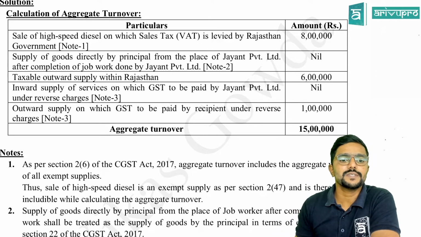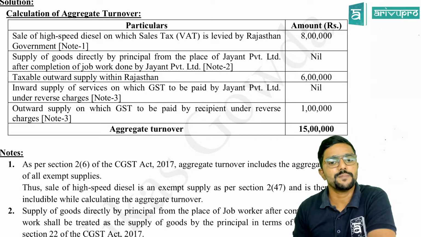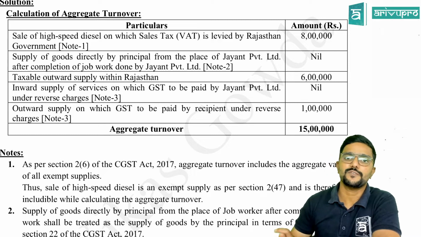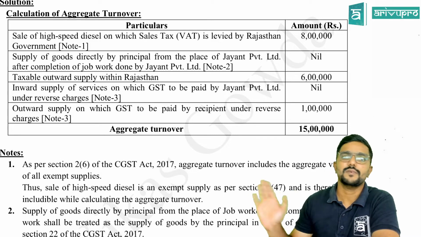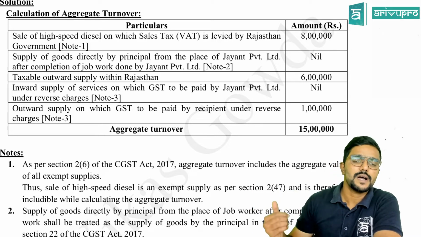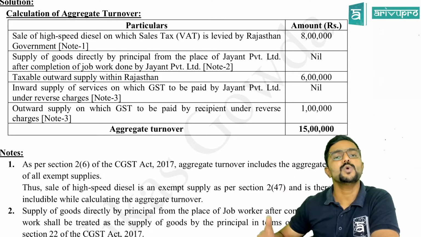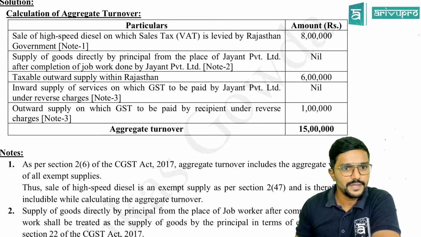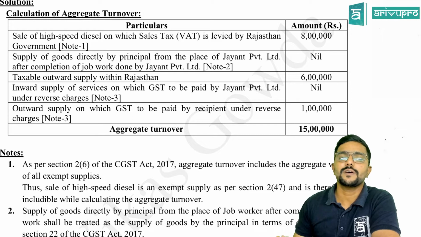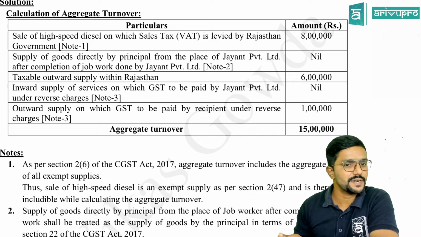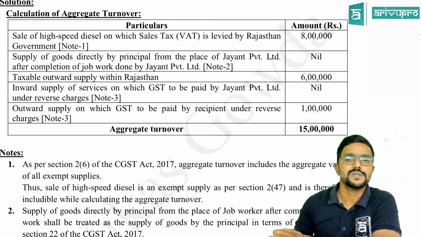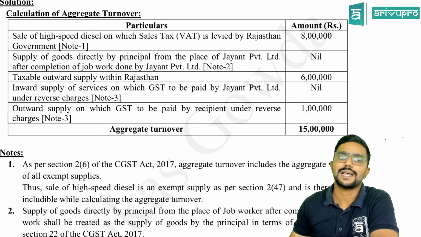Then inward supply of services on which GST to be paid by Giant Private Limited. So for Giant, it is inward supply. We will not include it because aggregate turnover includes only outward supplies. Okay. Next, outward supply on which GST to be paid by recipient under reverse charge, 1 lakh. So it is an outward supply for Giant. It has to be included.